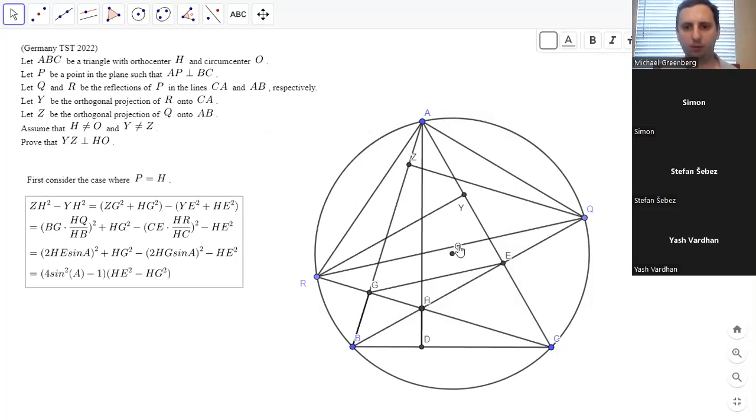Then what about ZO squared minus YO squared? Well, that would be the difference in the powers, which would be AZ times ZB minus AY times YC.